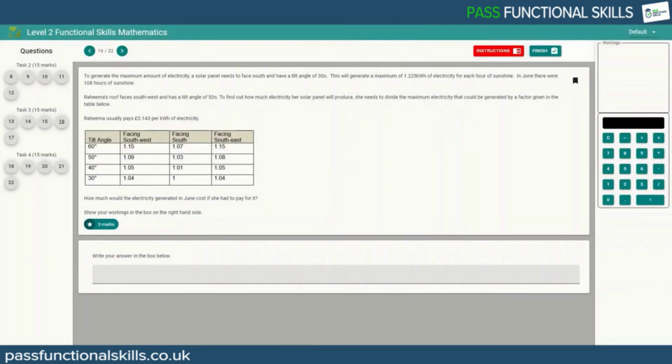Okay, next, to generate the maximum amount of electricity, a solar panel needs to be south facing and have a tilt angle of 30 degrees. Typically you'd see this more commonly written as 30 degrees with the degree symbol as a superscript, but this is what the software writes 30 degrees as.